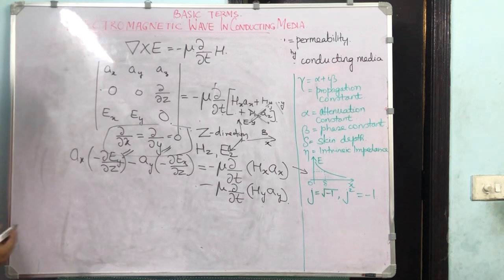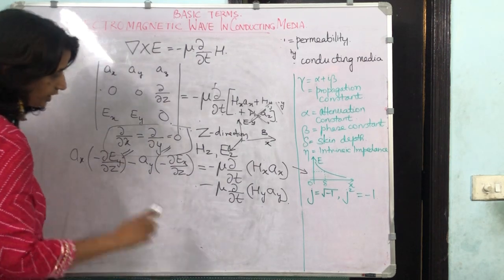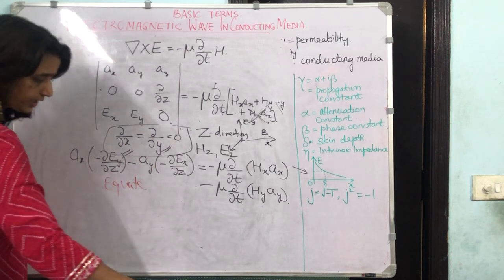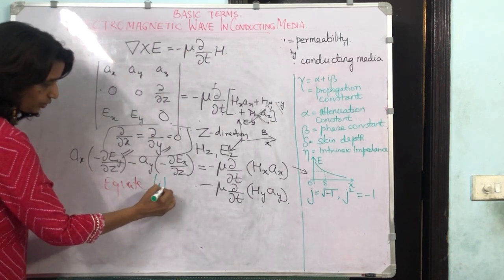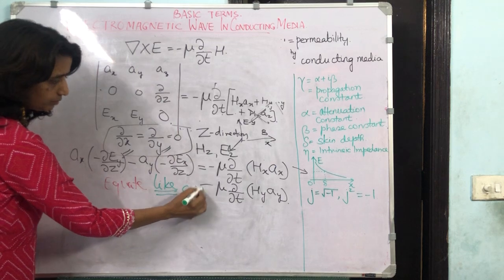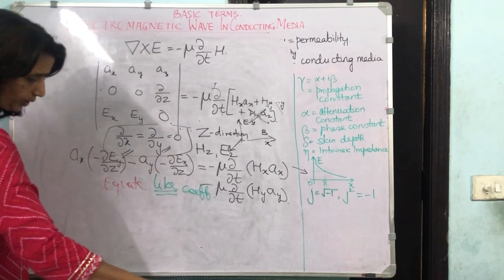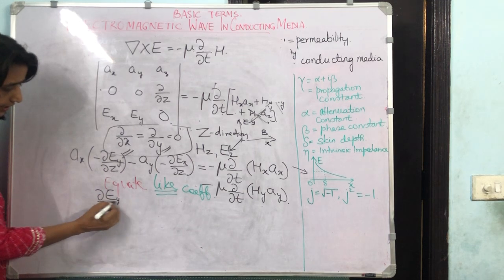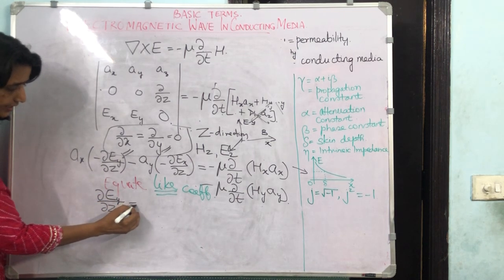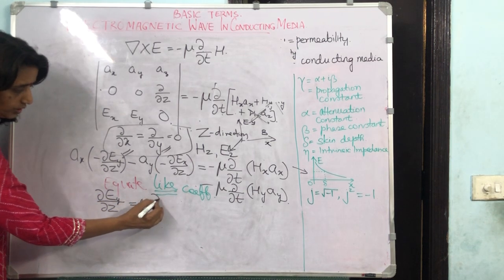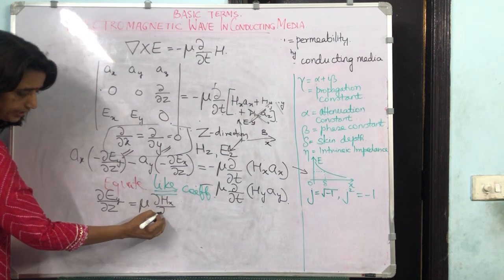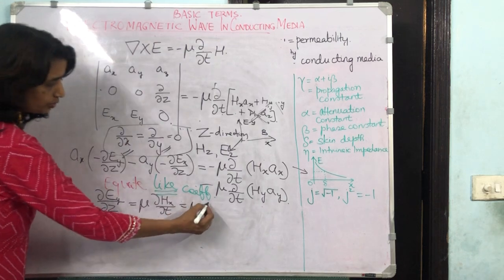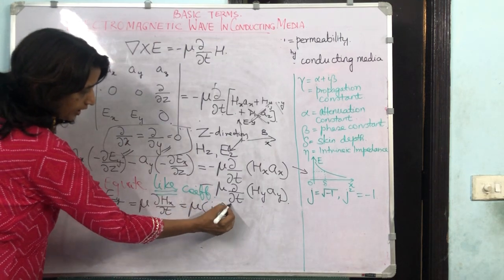So this becomes this. Now what we will do is equate like coefficients, the same coefficients. What do we get? We get del EY by del Z is equal to mu del HX by del t, which is equal to mu into j omega HX.